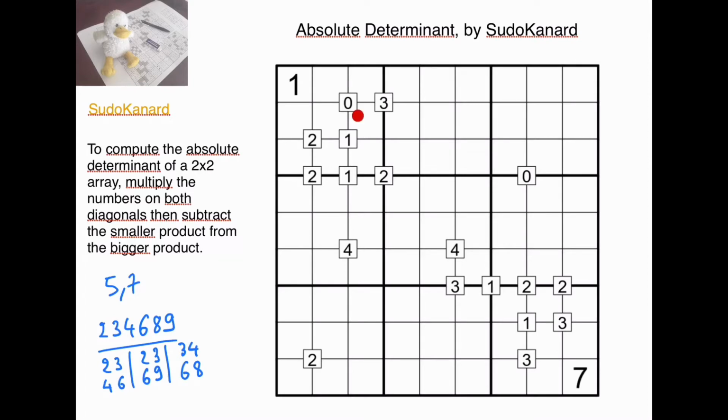But now let's ponder this determinant of 1, which means that this product and this product are consecutive numbers. And an interesting thing about it is that when 2 numbers are separated by 1, they can't have any common factor.